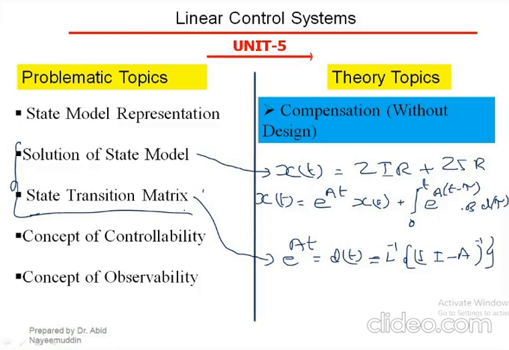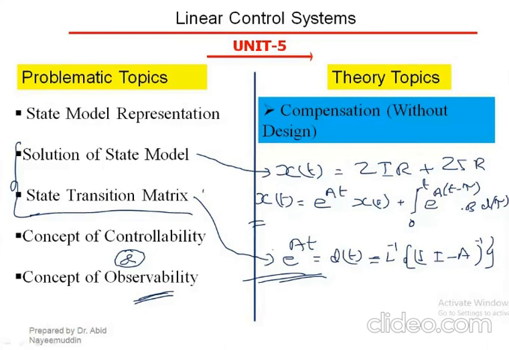So I will conclude these two concepts by solving a number of problems in this class and in the next class. With that, the last but one concept will be completed. So next only one topic will be left over, that is controllability and observability, which we will discuss later on. So mathematically my job is over. Now we will solve problems.